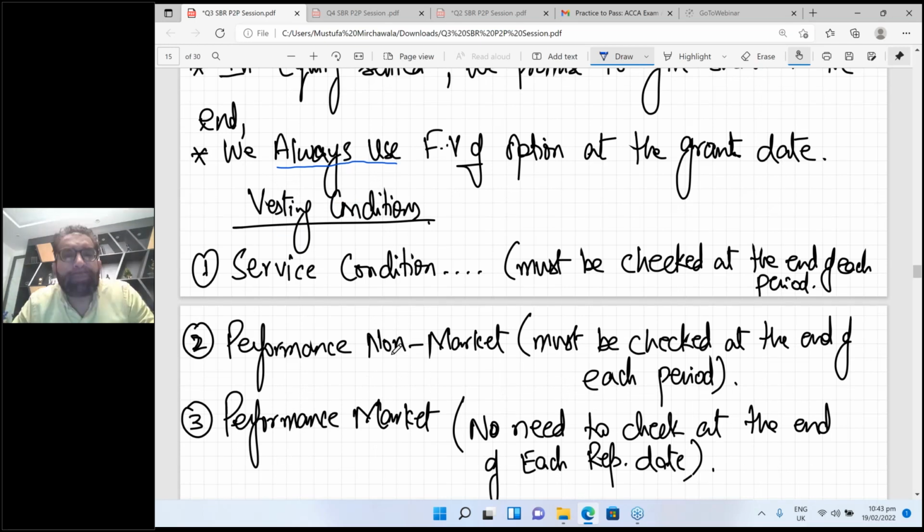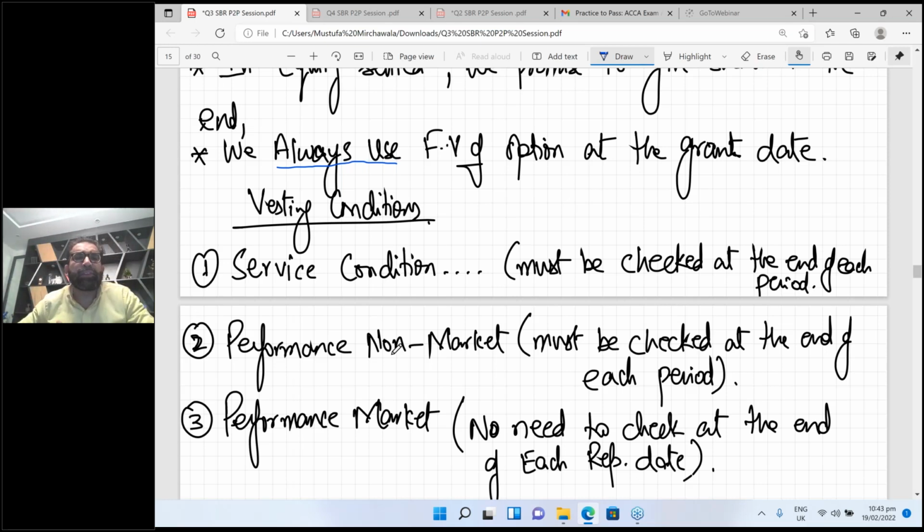Performance non-market condition means a performance target other than share price, a performance target not linked to share price. Like I have told my employees to increase sales from this to this, EPS from this to this, staff turnover this to this, inventory turnover this to this.